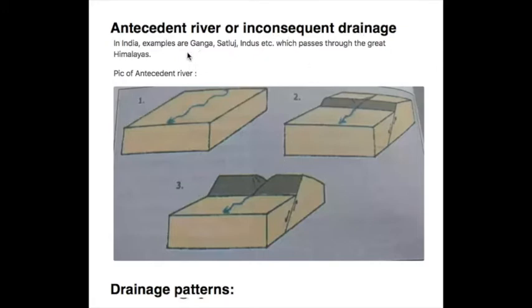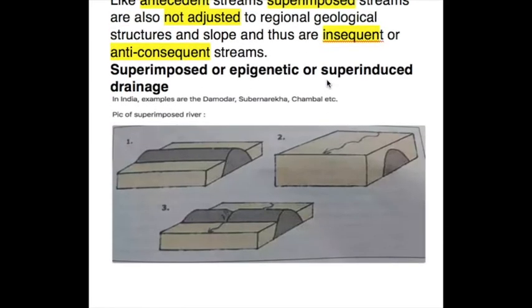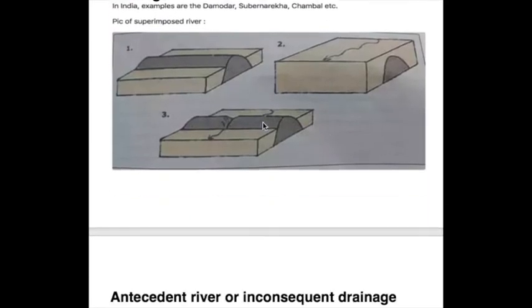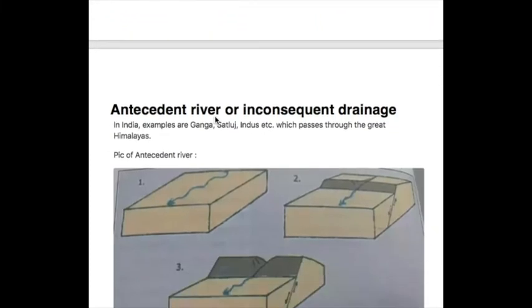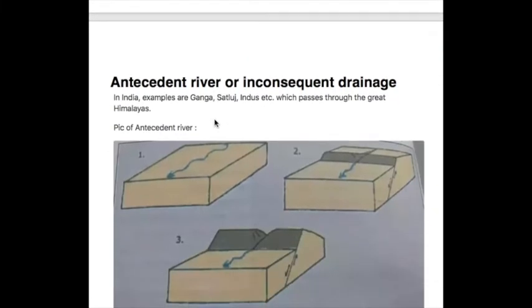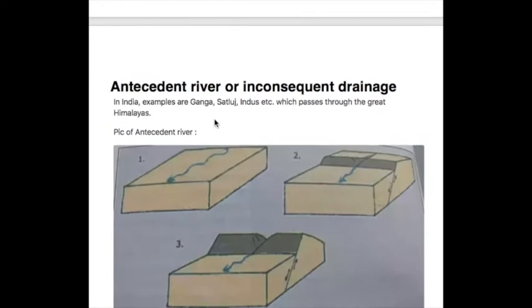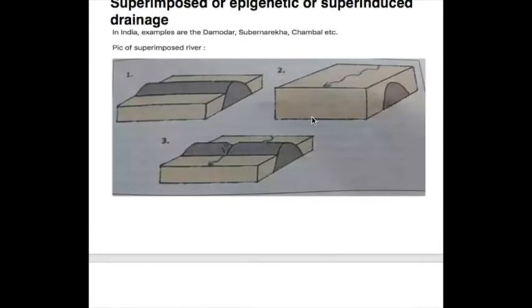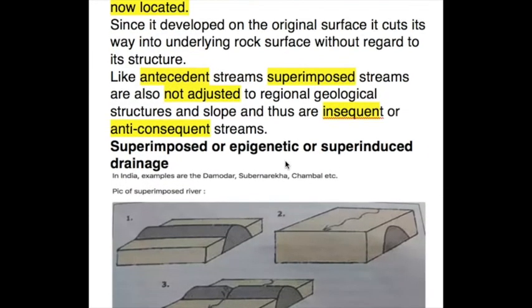Examples are Ganga, Satluj, Indus, which are antecedent rivers or inconsequent drainage. Hope you understand the difference between superimposed and antecedent river. Both are insequent, but there is a little difference we have understood from both diagrams.